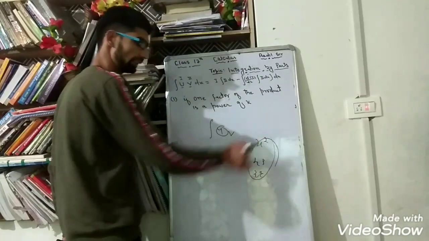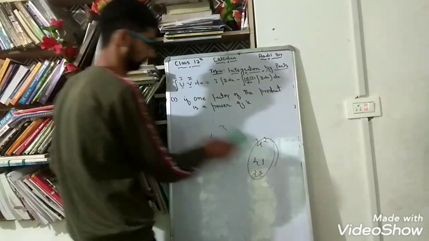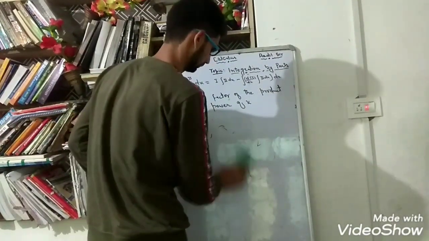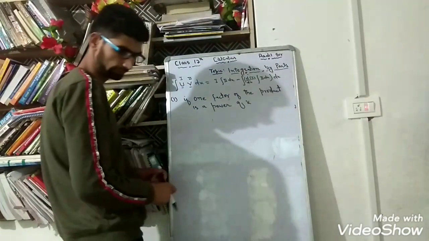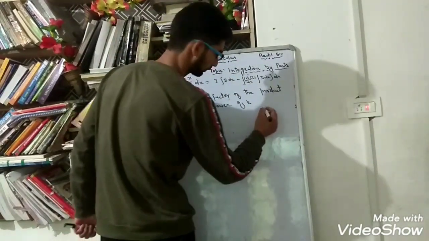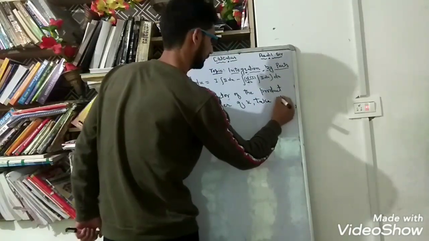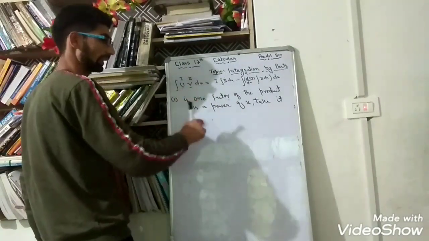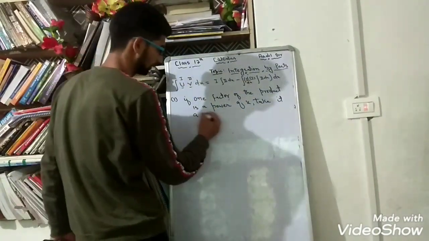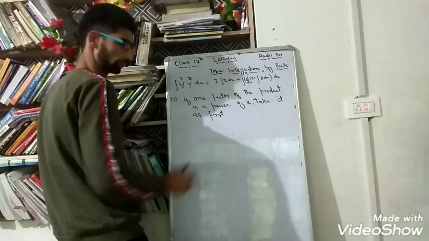If we have it like this, then take this one which has the power of x, take it as the first function.